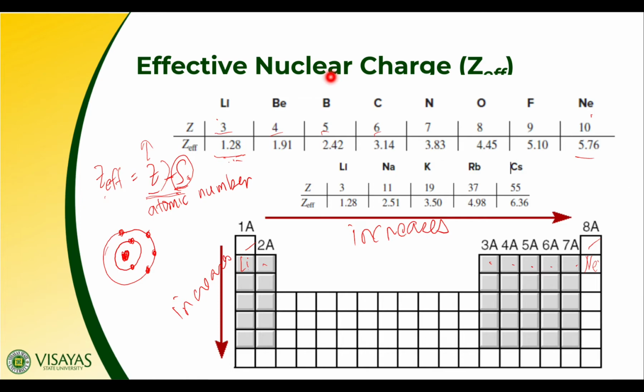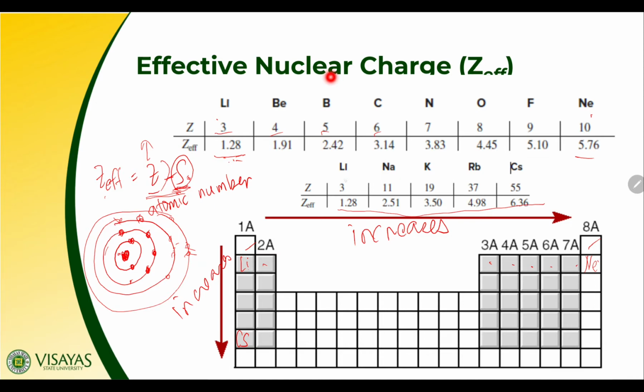Okay, now from top to bottom, from lithium down to cesium, the effective nuclear charge also increases. Why is this so? Although, as we go from top to bottom, we have a new energy level, and the electrons here are farther from the nucleus. So the shielding supposedly is increased because we are now adding electrons in another energy level, much farther from the nucleus.